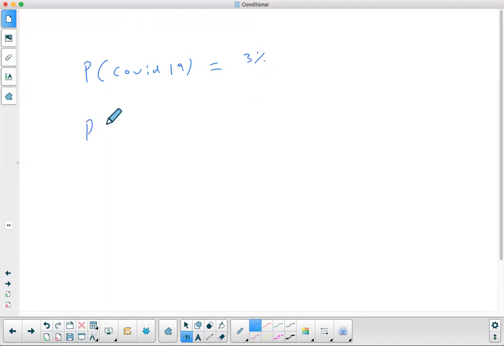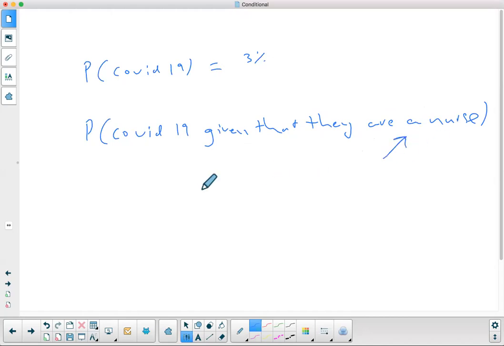But let's say that you want to find the probability of somebody getting COVID-19 given that they are a nurse. Okay. So if you're a nurse, there's probably a higher probability that you're going to get COVID-19. So this word given makes a difference.